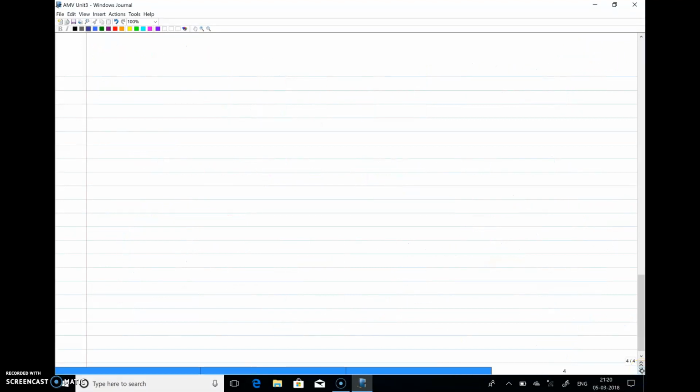Now, consider a noisy resistor. This can be represented as a noiseless resistor.